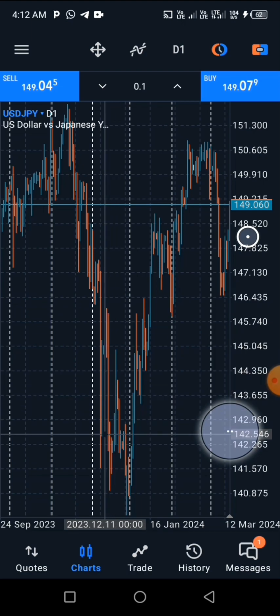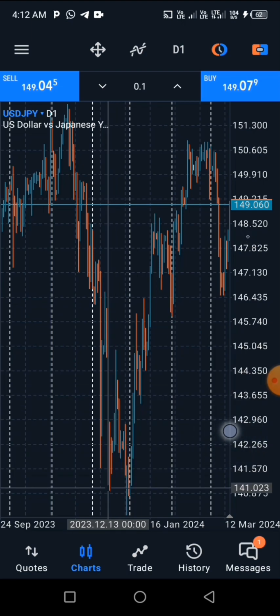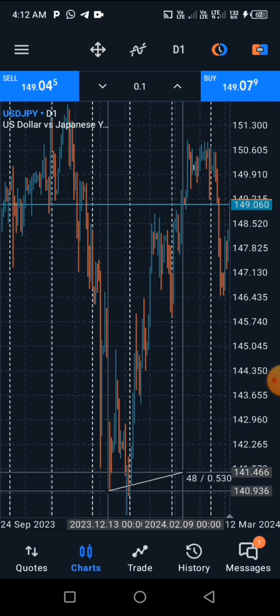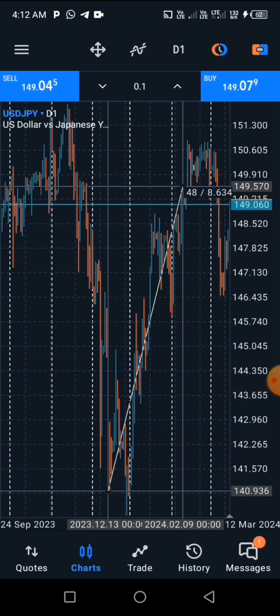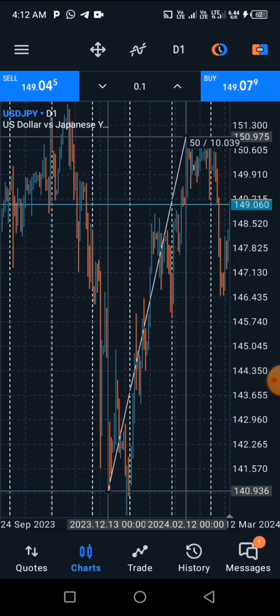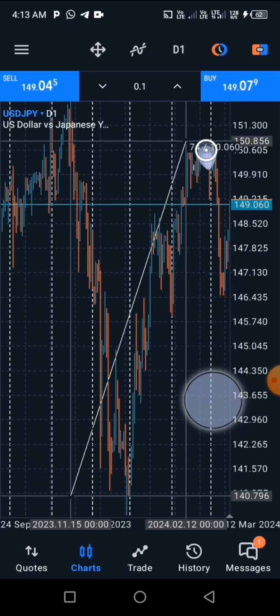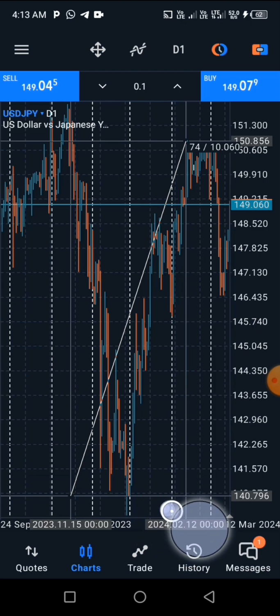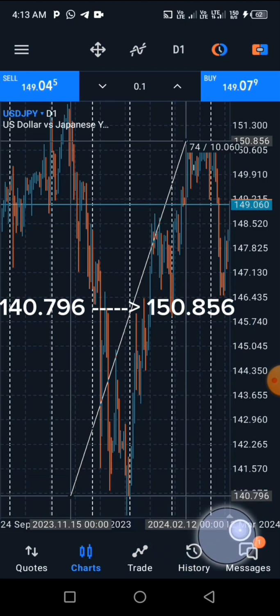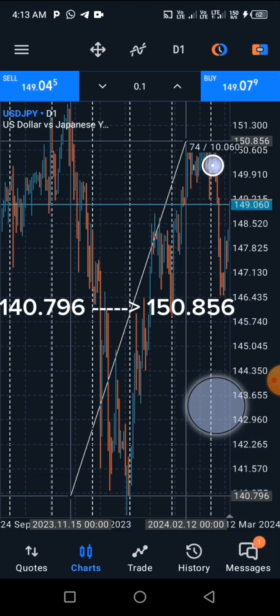Now you place your crosshair from this point. Let me assume I'm placing my crosshair here. Now I drag my crosshair from this level up to this level, the peak of this. I've placed my crosshair from this level at 140.796 up to this level, 150.856.